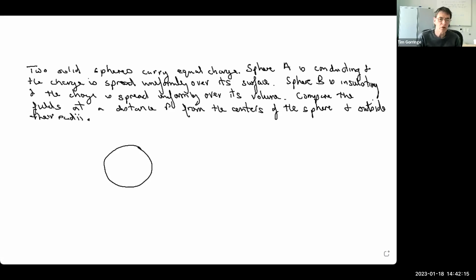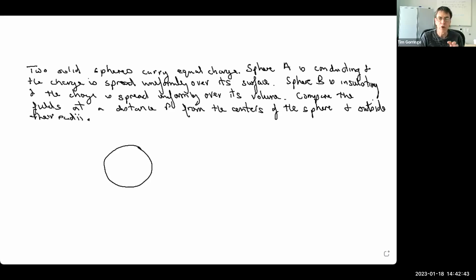Now, you could solve this problem through Coulomb's law, but it would be a horrible problem to solve through Coulomb's law. To solve this problem through Coulomb's law, you'd have to break up the surface of the conducting sphere and the volume of the insulating sphere into lots of little pieces of charge.